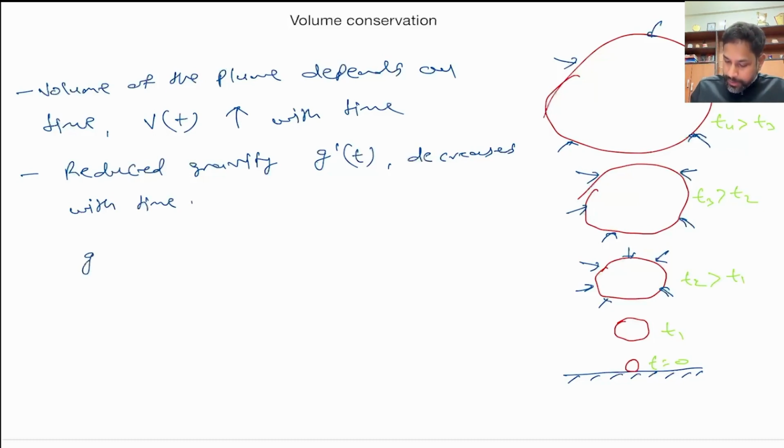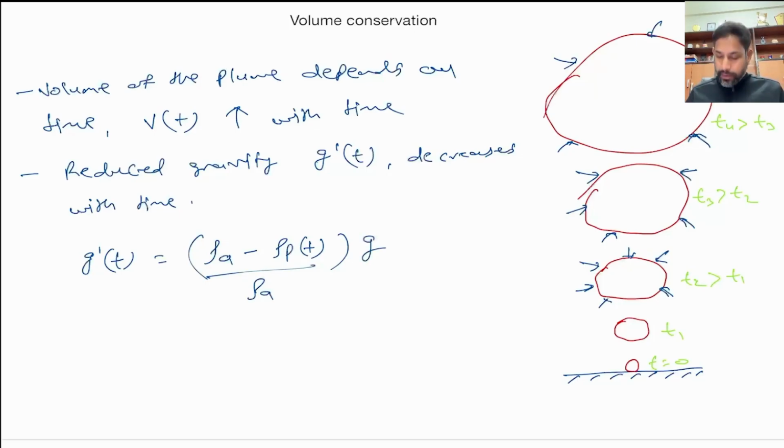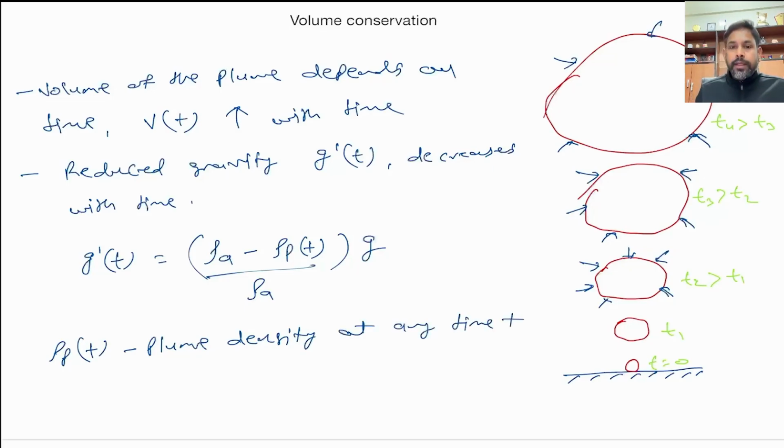Where G prime here is defined as rho ambient minus rho p, where rho p is a function of time, over rho ambient, times G. So this is our G prime value, right? And rho p is the plume density at any time t, right?